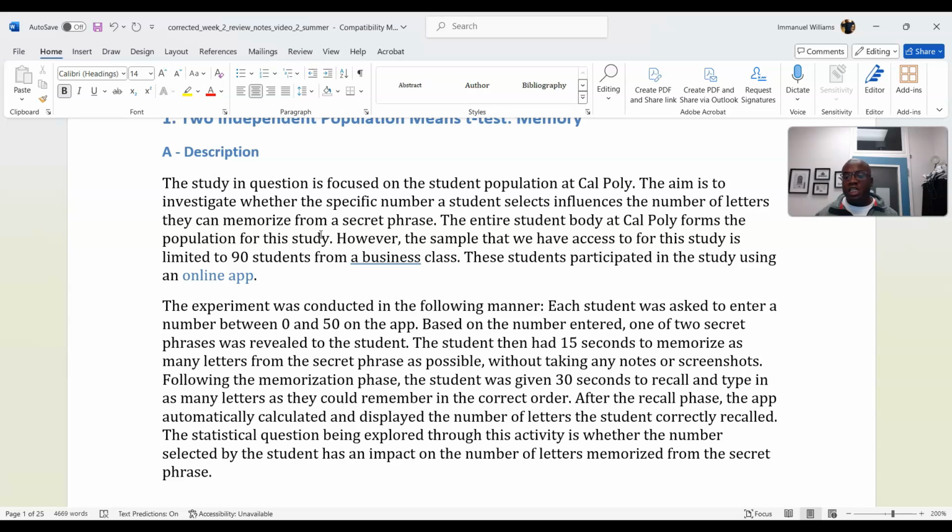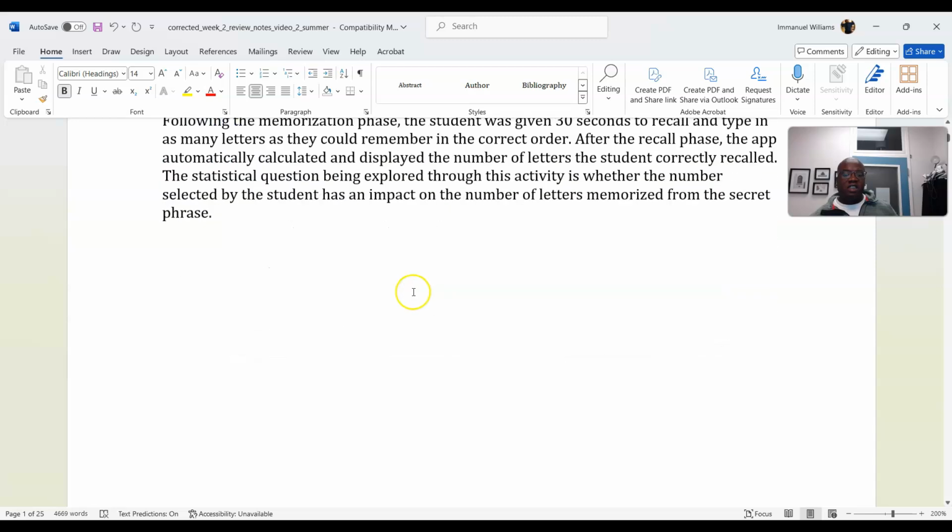Depending on what they selected, that determined which password they saw. If they selected even, they were most likely able to memorize all the letters, whereas if they saw odd, it was really difficult to memorize those letters. So let's go ahead and go through this analysis.